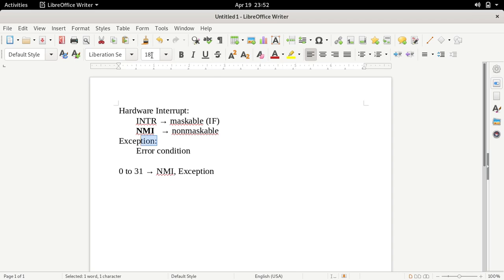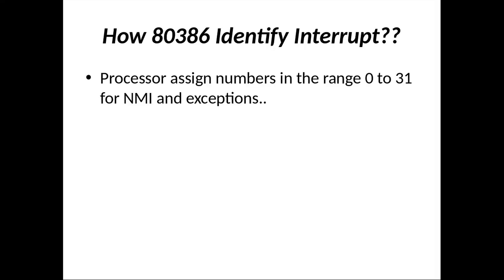I am not talking anything about the interrupts that are coming on INTR pin. Okay, so which range is assigned to the NMI and exception? All the numbers present in this range, that is 0 to 31, they are allocated only to the NMI and exception. So we are going to discuss this range in next slide.